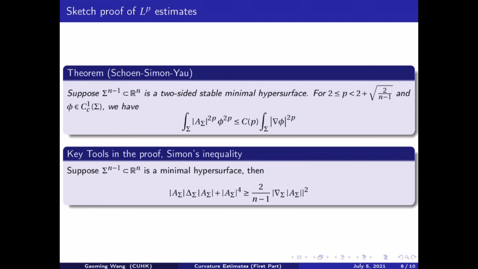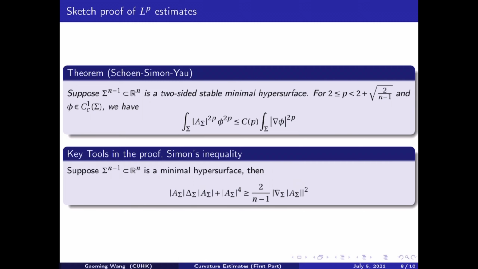Now let's sketch the proof of the L^p curvature estimate. The key inequality in the proof is the Simons inequality. For any minimal hypersurface in R^n, not just the stable one, we have this inequality. The proof of Simons inequality is quite standard, and you can refer to some textbooks about minimal surfaces if you are not familiar with it.